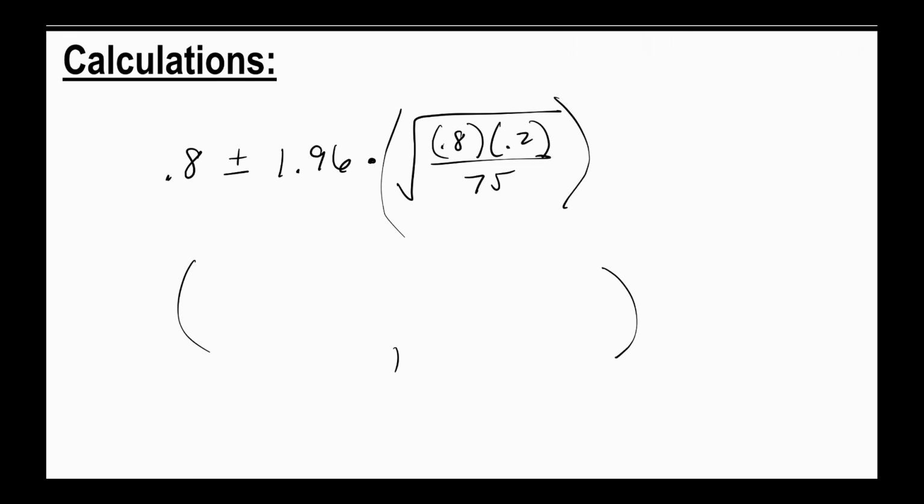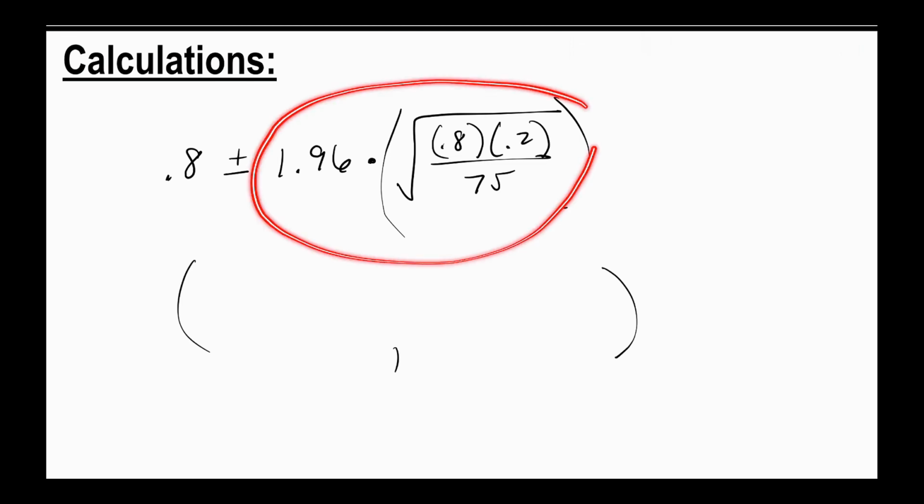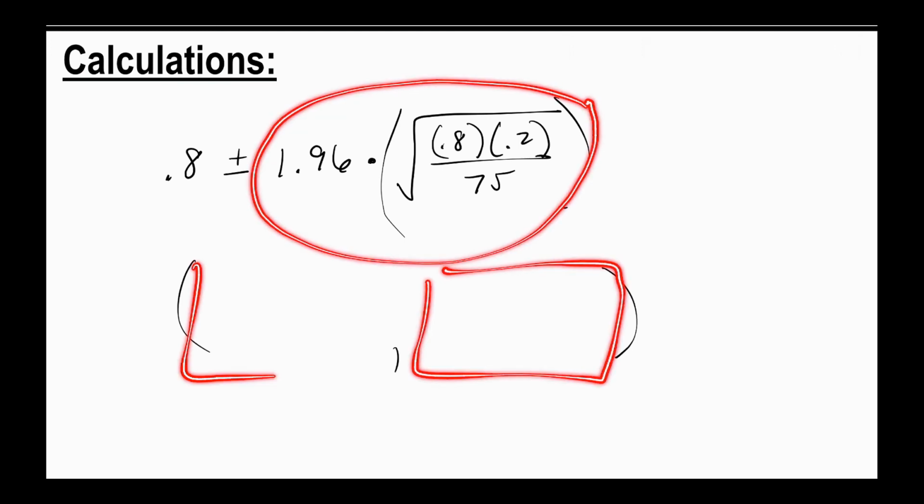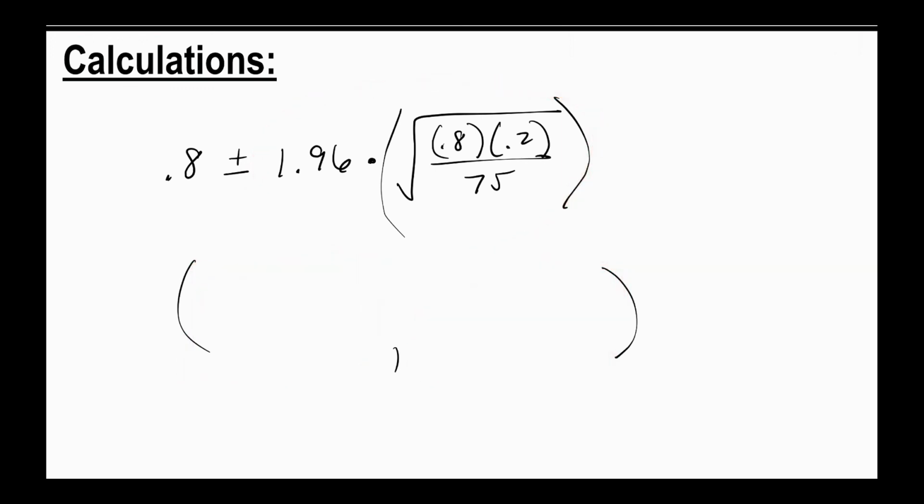So what I do in my calculator is I do this part first, and then I add 0.8, and then I subtract 0.8. When you add 0.8, it goes here. When you subtract 0.8, it goes here. So I'll do this side first in my calculator.